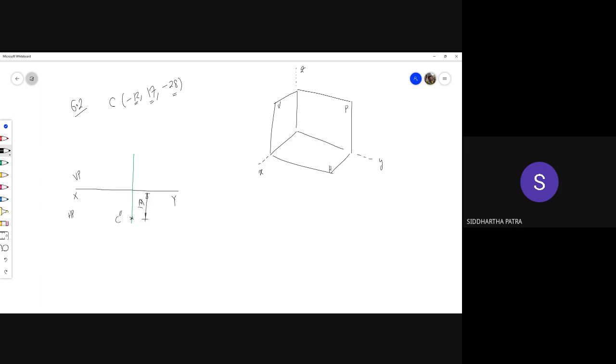And then it says minus 28, which is that much below. So if we only look at these two coordinates, 17 in front of the vertical plane, it is C double prime.